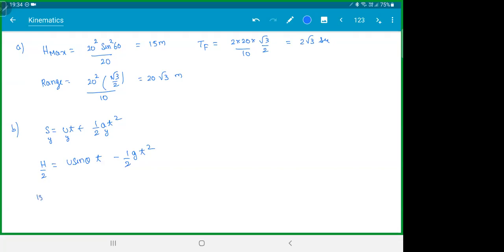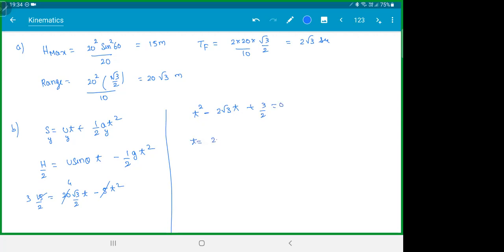This will be 15 by 2. U sine theta will be 20 root 3 by 2. And this would be minus 5t square. So this would be t square minus 2 root 3t plus 3 by 2 is equal to 0.